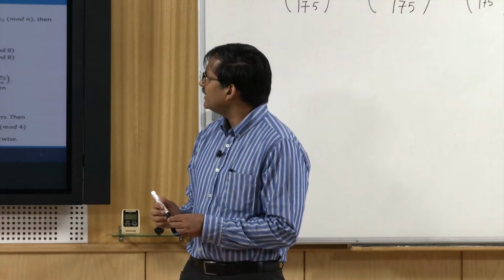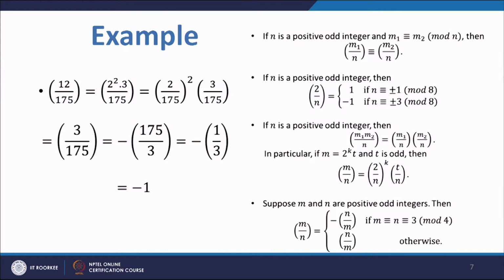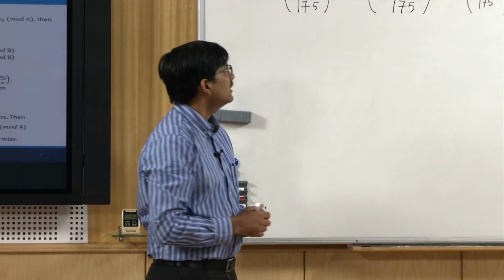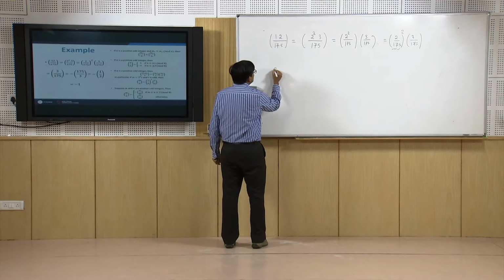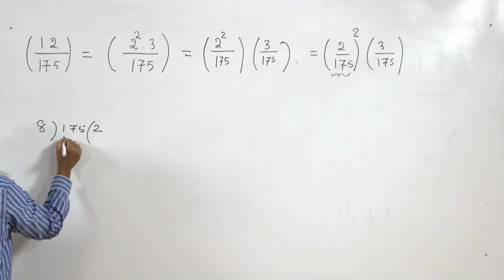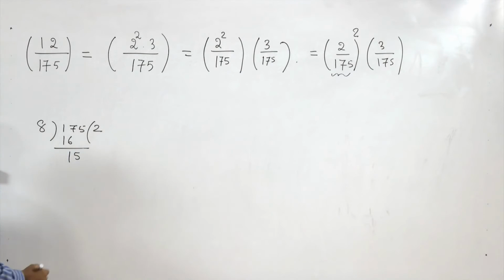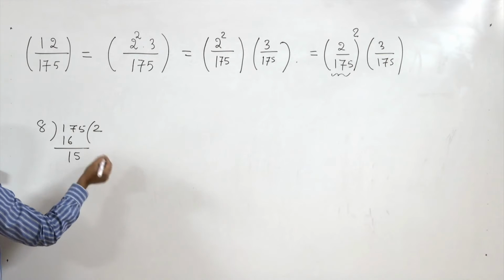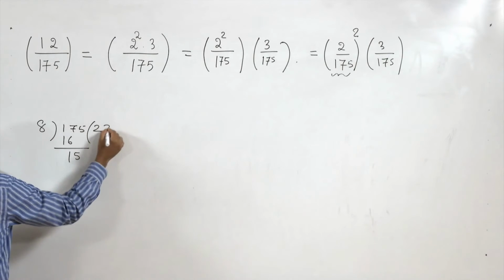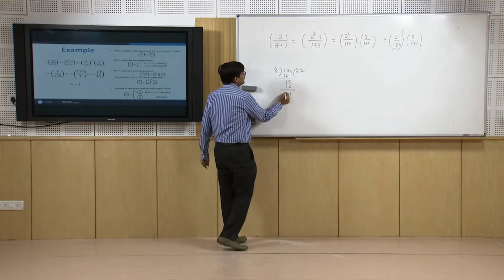So, in order to check whether (2/175) is plus 1 or minus 1, I have to divide n, that is 175, by 8, and check the remainder. Let us do that. So, 8 dividing 175, 8 twos are 16, and then you get 1 here, 15, and I will write in a little non-standard way and write again 2 over here. So, it is 16. So, if I subtract, I get minus 1. So, my remainder is minus 1.